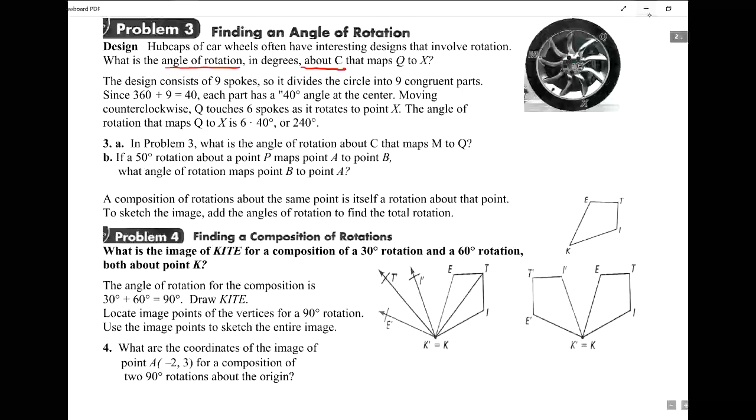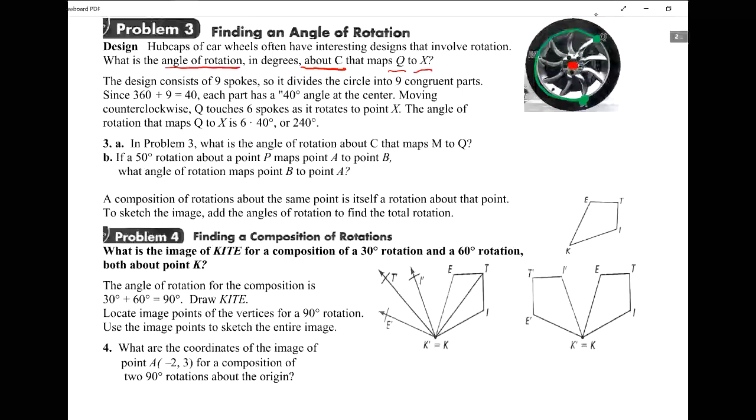So we need to find point C. Point C is right here in the middle. That's our center of rotation. That maps point Q to point X. So we are starting here at point Q, and we are going counterclockwise all the way around to point X.